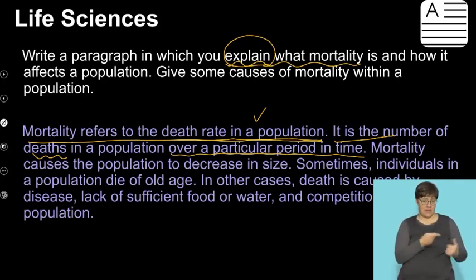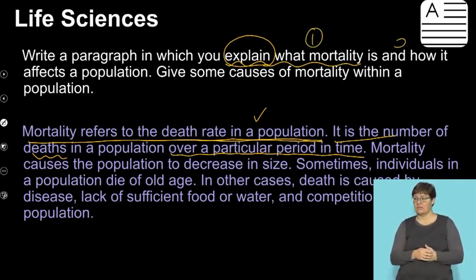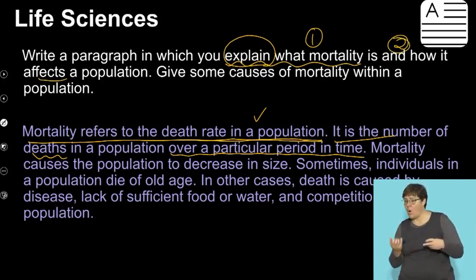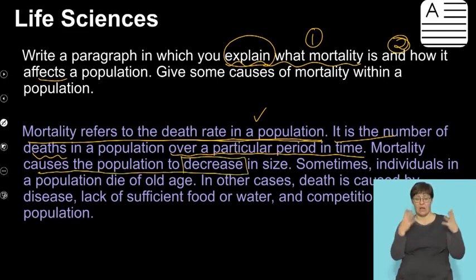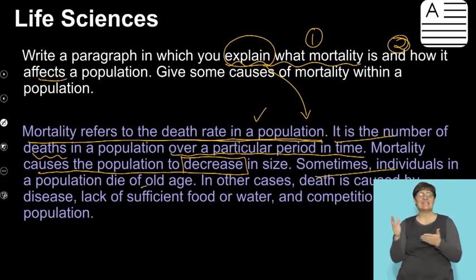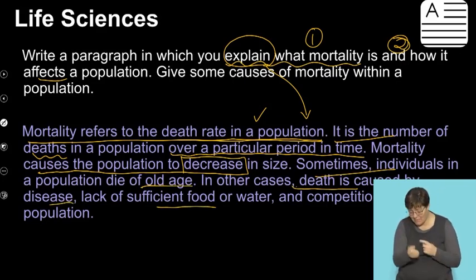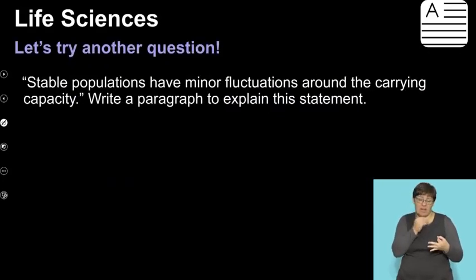Let's go on to the second part of our paragraph, how it affects a population. Mortality causes the population to decrease in size. Sometimes, I'm explaining, remember, I'm unpacking, individuals can die from old age. Sometimes death is caused by disease, lack of sufficient food, all right?